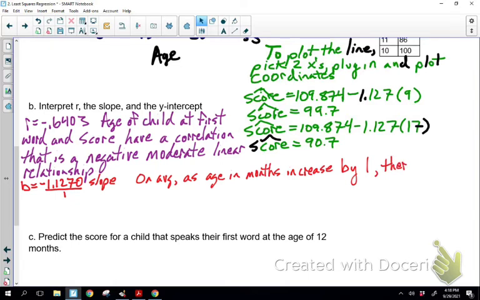Now I'm going to talk about the change in y. There is a decrease of 1.127 in score.